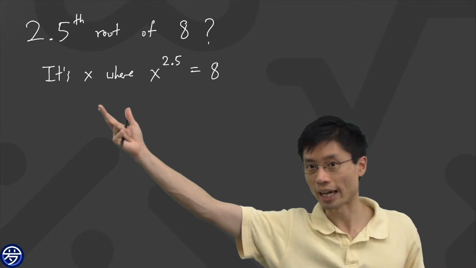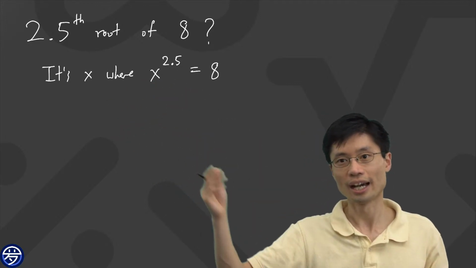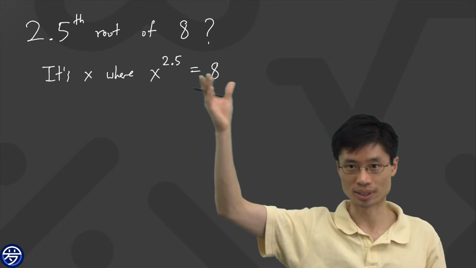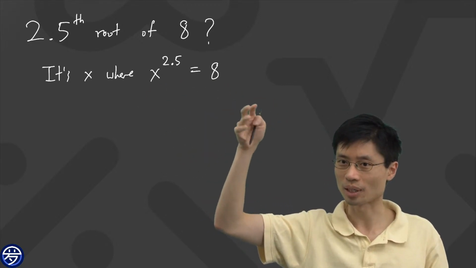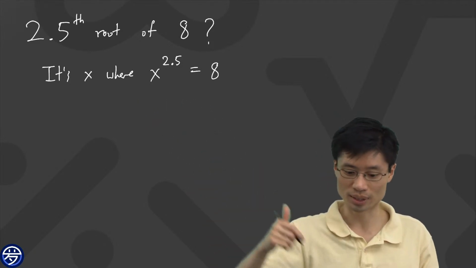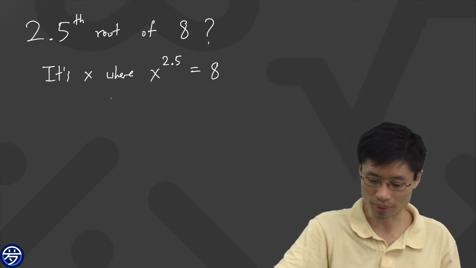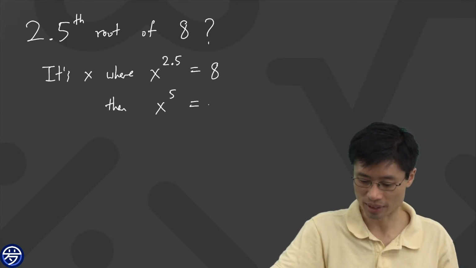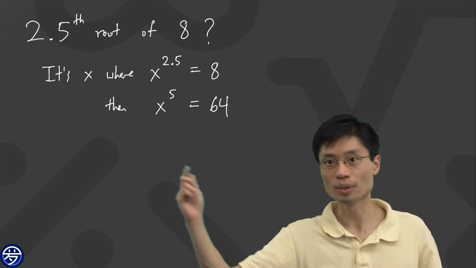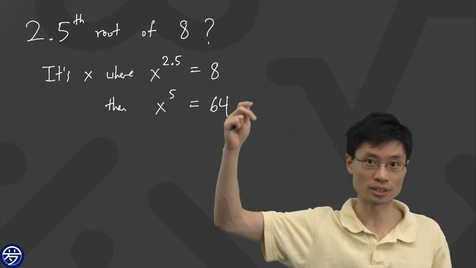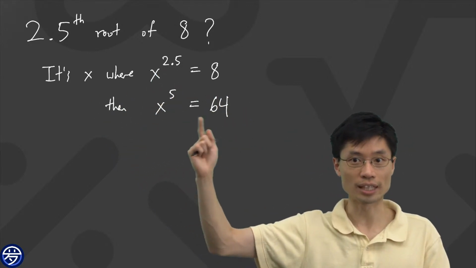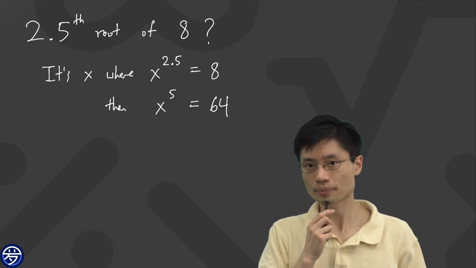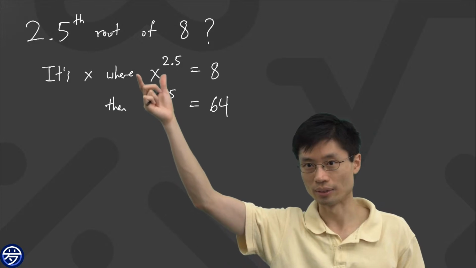So I'm looking for an x where this happens to be true, and notice the way I'm talking about the logic. If I have an x for which this is true, that would then give me x raised to the power 5 is equal to 64. So I'm looking to know, is there any x which makes this true? If I actually found an x which made this true, then the x would make that true too, because this is the square root.